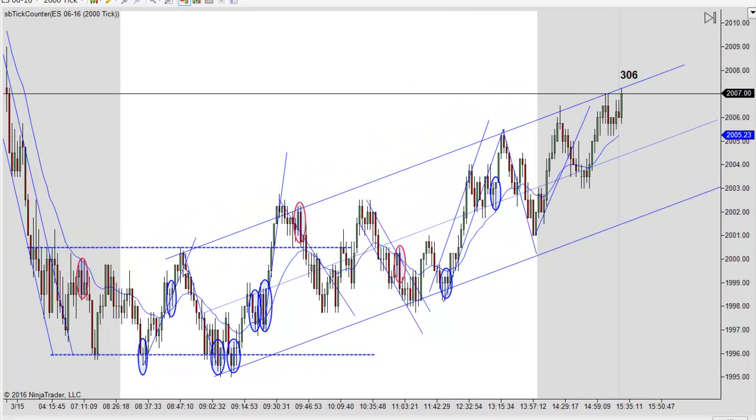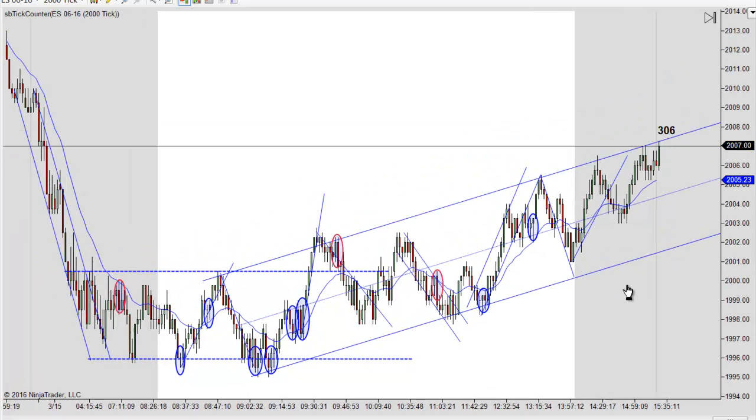And notice how, even though you've got this two-tiered channel working up, prices are above, below, above, below, above, below, above, below the EMA like that. Generally when it's like that, you can still trade it both ways, even though the trend is up here.